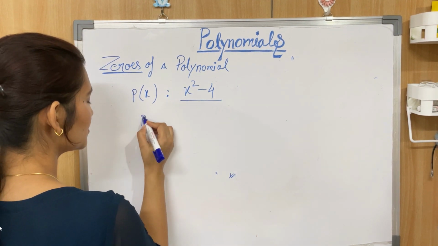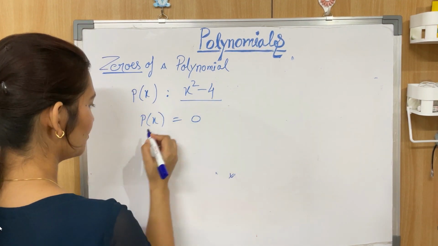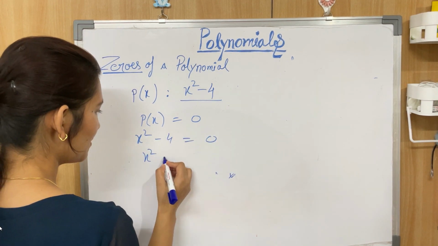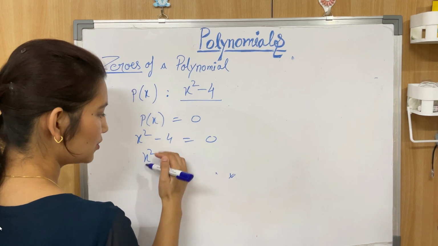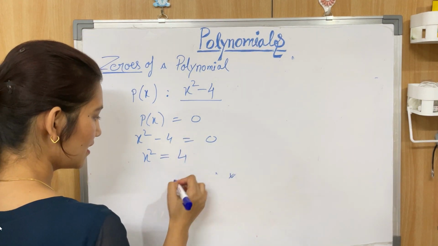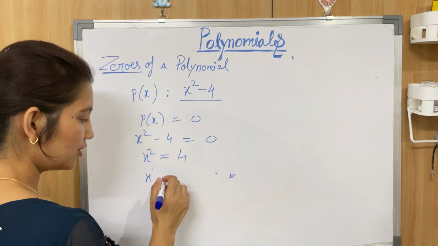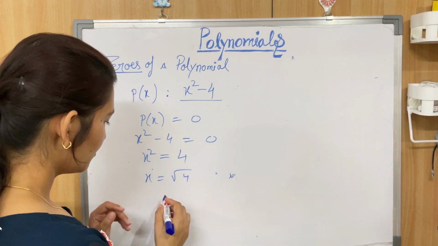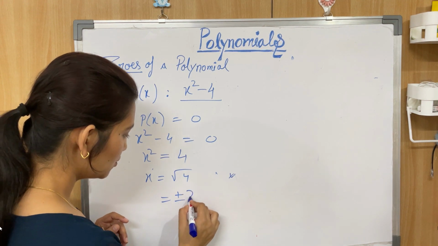Just equate p(x) to 0, which means x square minus 4 is equal to 0. The -4 will go to the right side, so x square is equal to 4, which means x is equal to √4, and √4 would be either +2 or -2.